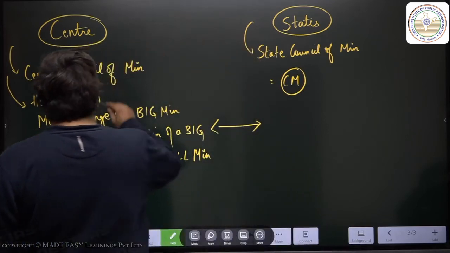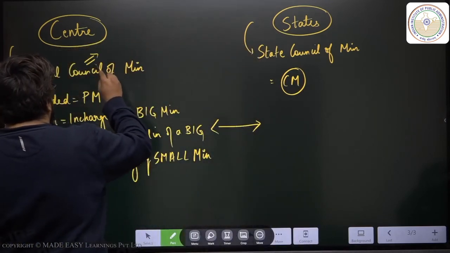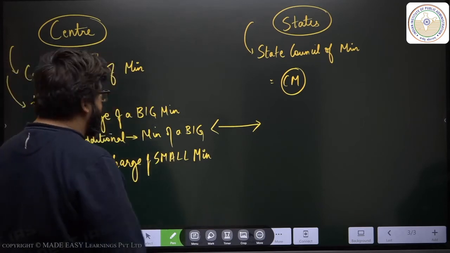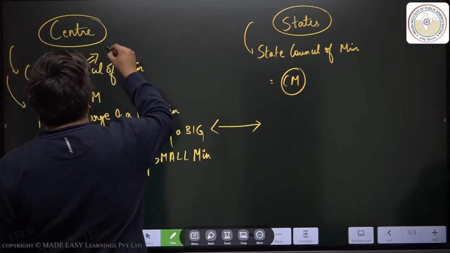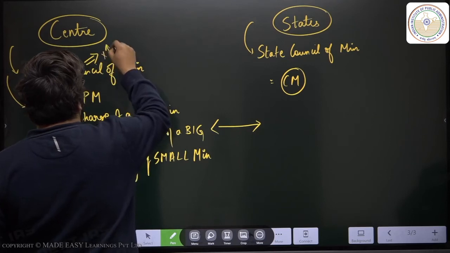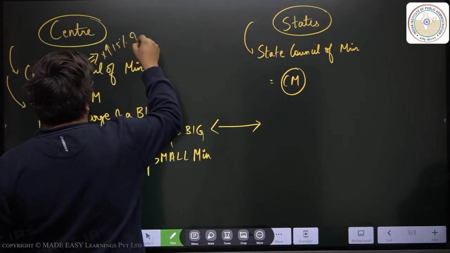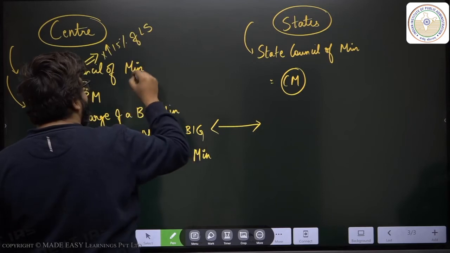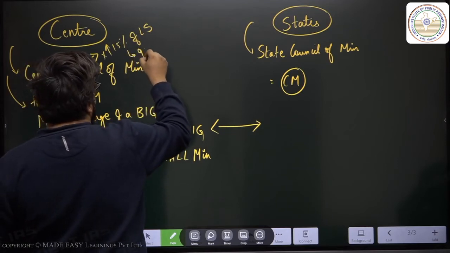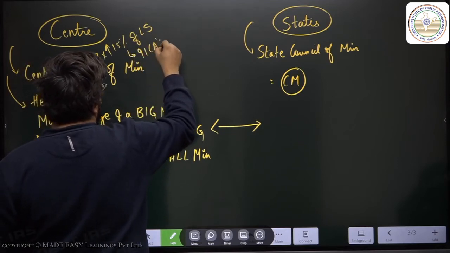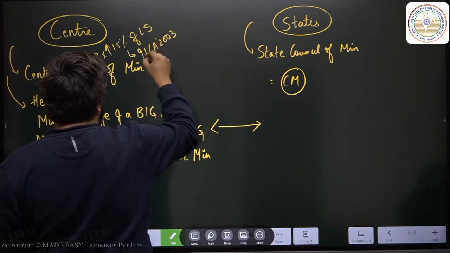Okay? Now, the total number of the ministers at the center cannot be more than 15% of the strength of the Lok Sabha, and this is by the 91st Constitutional Amendment 2003.